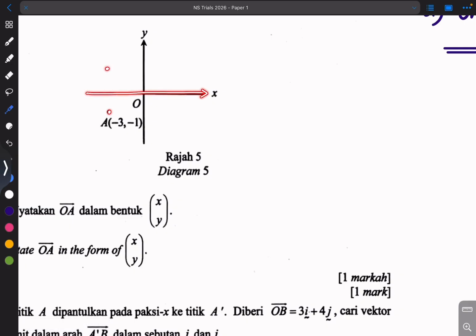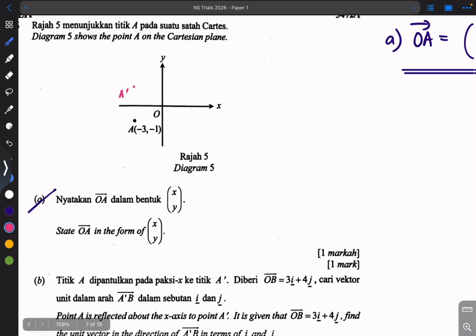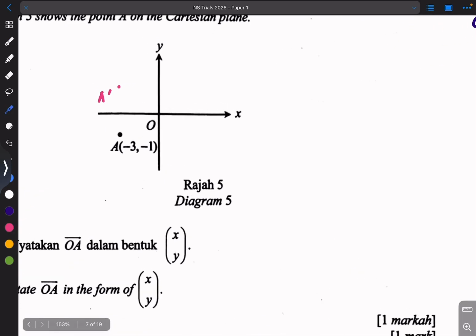So A prime would be somewhere here. So we can call this A prime. If you reflect about the x-axis, your x coordinate will still be the same, so -3. But the y coordinate will change. Here our y coordinate is -1, so you go up here would be +1. So it's just 1.